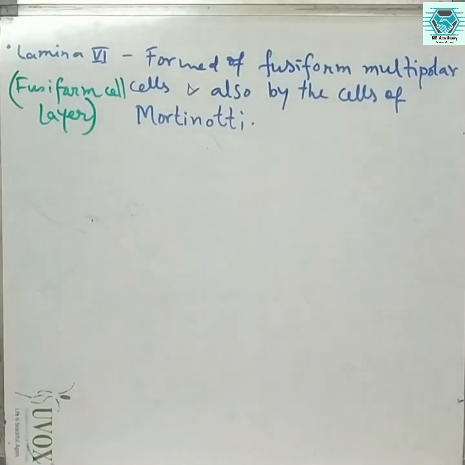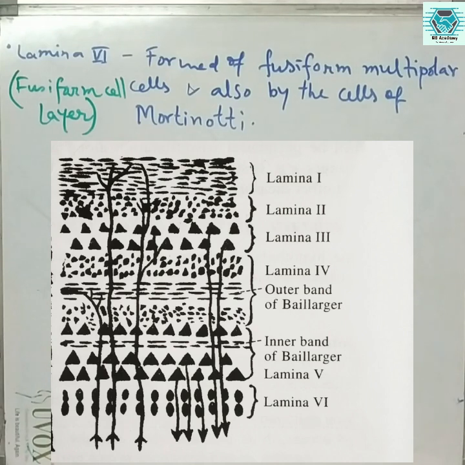All these 6 layers are not uniform in all parts of neocortex. For example, in area 4, the internal granular layer is very thin. Which one is the internal granular layer? It is lamina 4. So lamina 4, the internal granular layer, is thin in area 4.